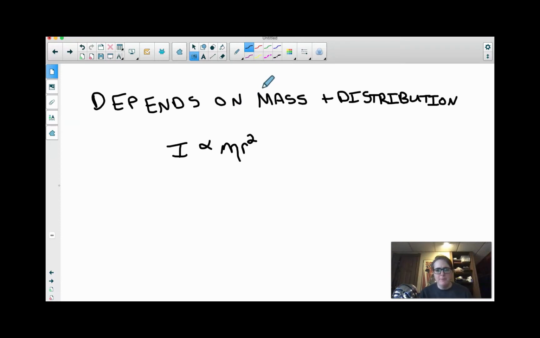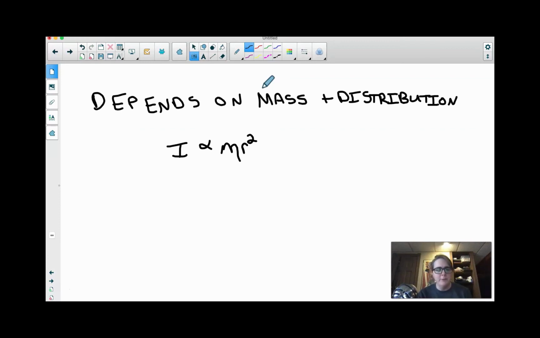Now, there's always going to be some number that goes in front of the mass times radius squared, but what that number is depends on the shape. So a ring has a certain number times mr squared. A solid sphere is going to have a different number times mr squared to be able to find rotational inertia. The good news is you don't really have to know that for this exam. In AP Physics, if you have to calculate the rotational inertia of an object using its mass and radius, it's going to give you the coefficient for that shape, if not the full equation for the rotational inertia.